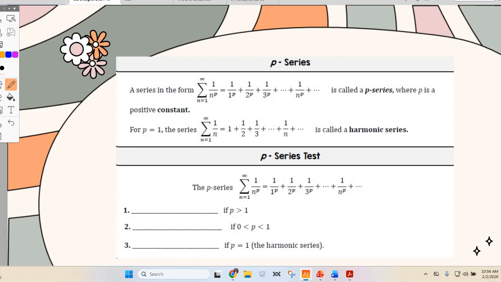If I have a denominator that's getting bigger and bigger, what's happening to the whole fraction? It's getting smaller and smaller and smaller. So if our P is bigger than 1, we can say that this converges. Now, unlike our geometric, we do not have a nice formula that tells us what it converges to. We would have to do some more work in order to decide what it converges to, but we can say that it converges.